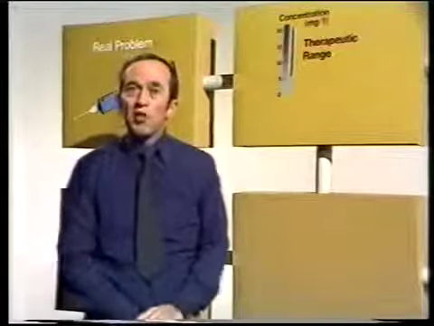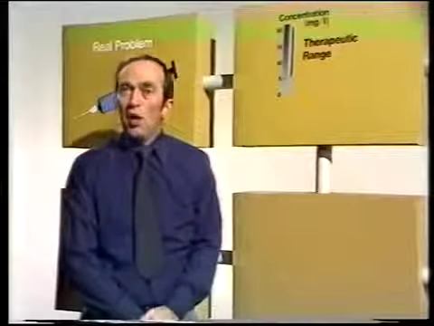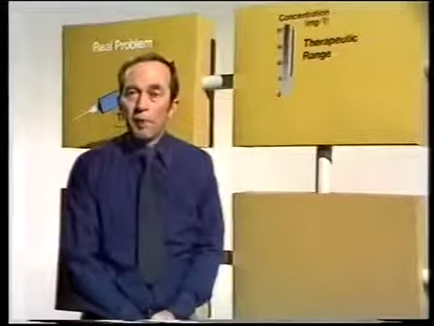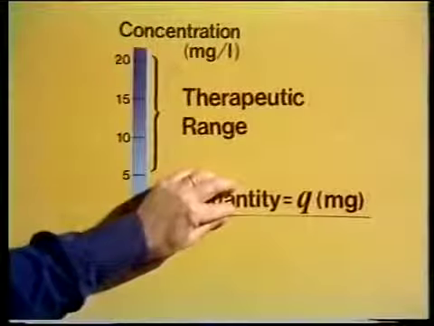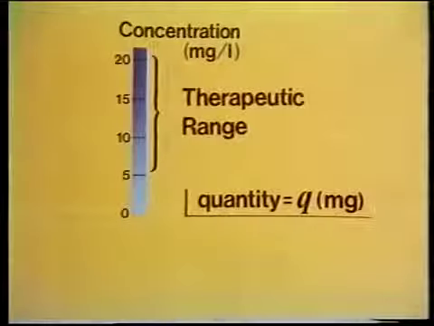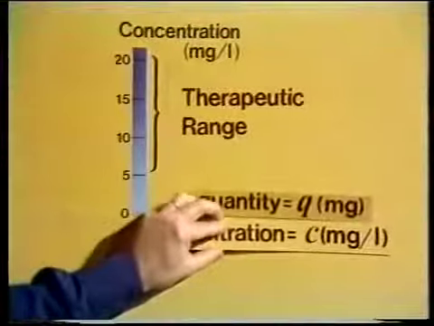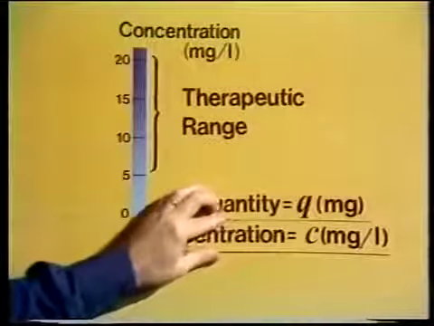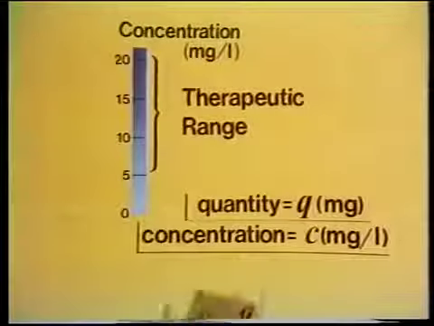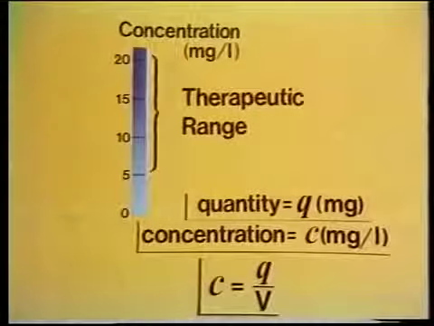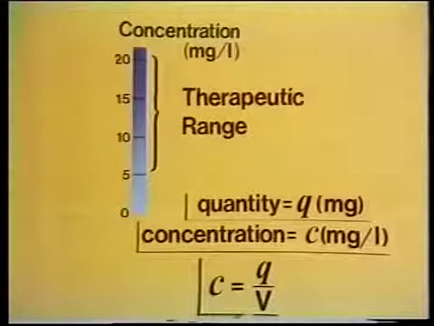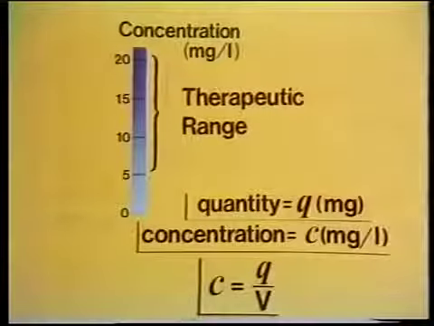Because there's a simple relationship between concentration and quantity and volume. If you put in a quantity Q milligrams, and that is spread over V litres and produces a concentration of C milligrams per litre, then the relationship between C and Q is given by C equals Q over V, where V is the volume into which you're putting this drug.